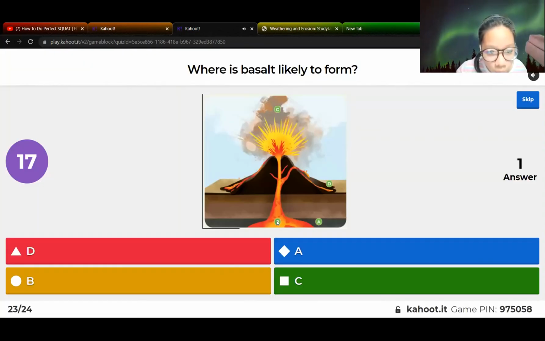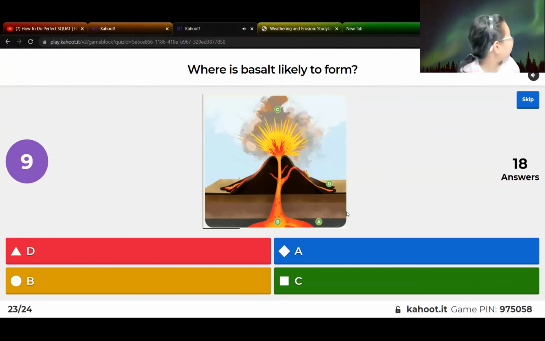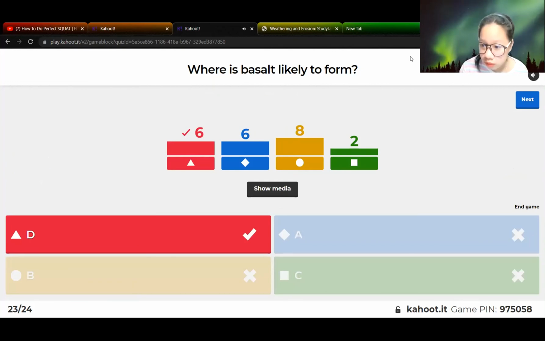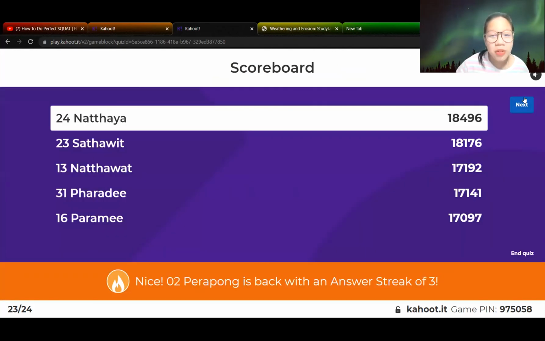A, B, C, or D? This one is difficult, no? Yeah. See, it's difficult. A lot of you answered. Of course, basalt is an extrusive igneous rock. So it should be letter D.